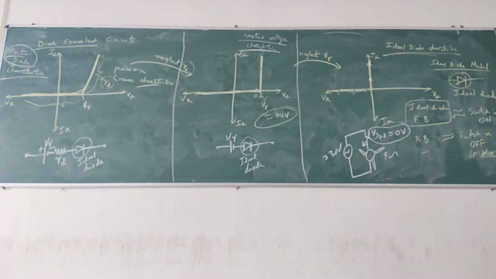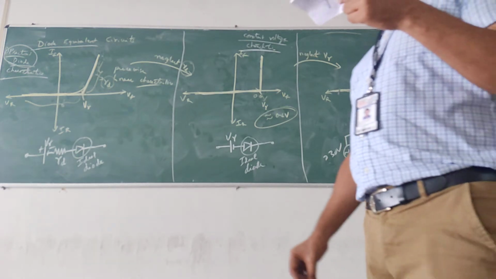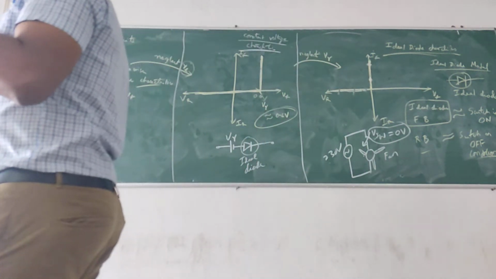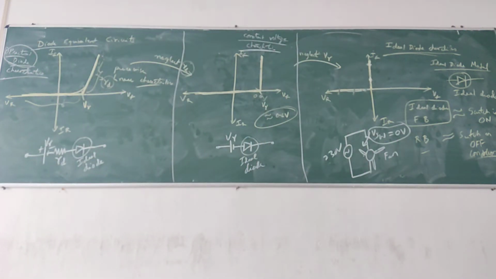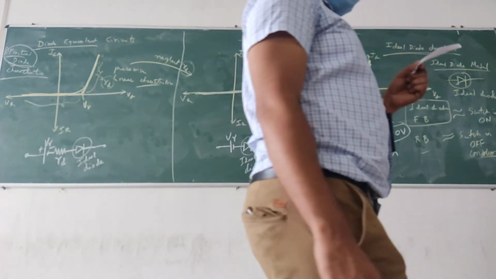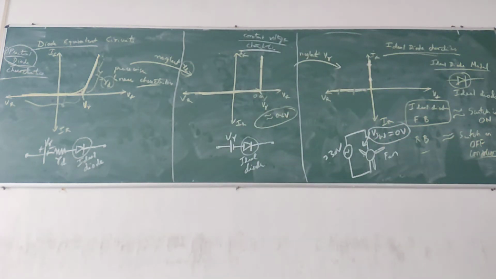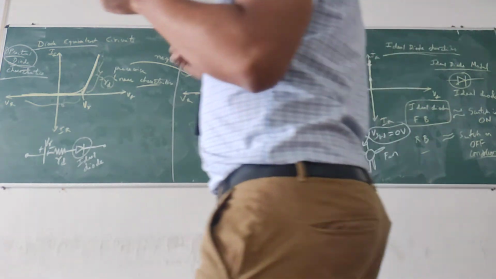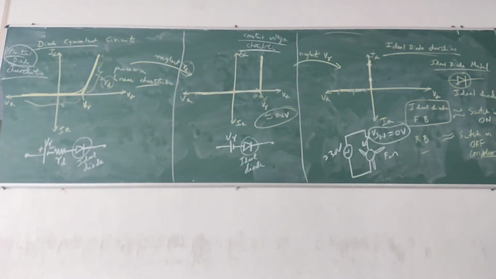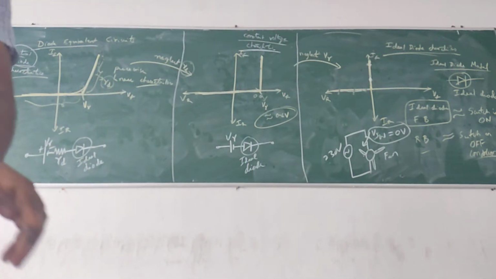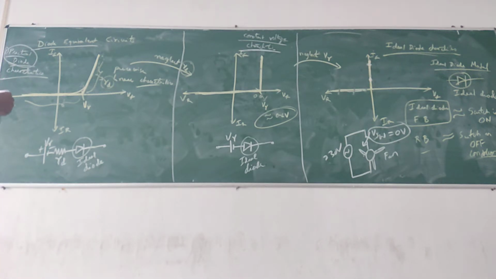Again I repeat: calculate current through the circuit given below if the diode forward resistance is 0.23 ohm.